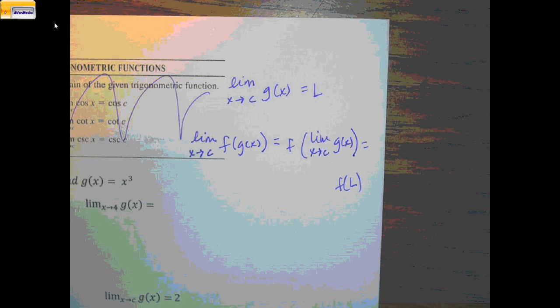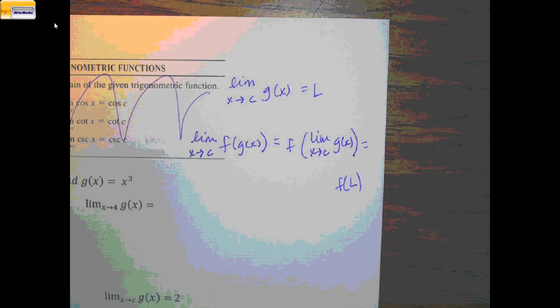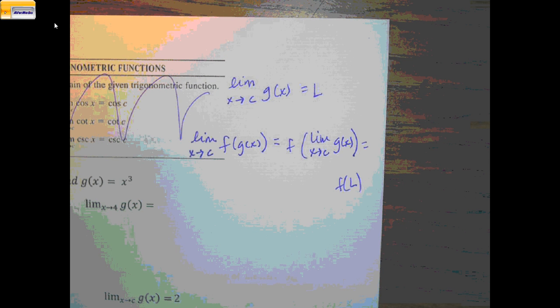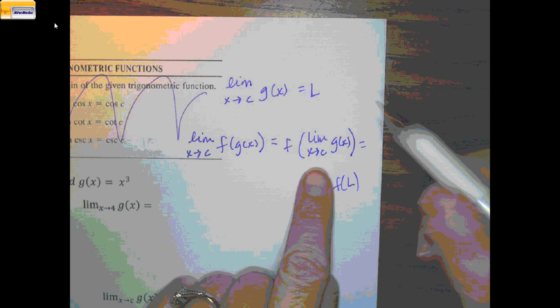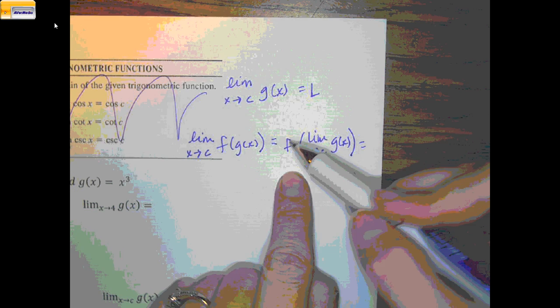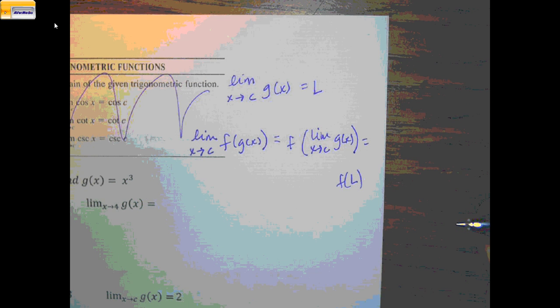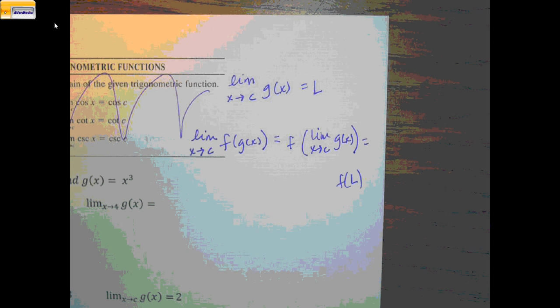So that's what that next property says. So if you're trying to find the limit of f of g of x, all you have to do is find the limit of g of x and then plug it into the function f, because you're working from the inside out.